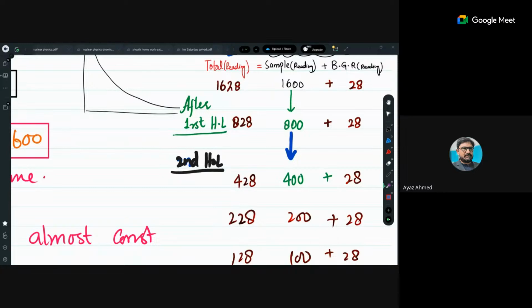Khadija, yes. खदीजा, मुझे ये बताओ कि is it possible कि आपकी जो background radiations हैं, they will also get half and half and half? मेरा क्वेश्चन ये है कि background radiations कभी half हो सकती हैं, उनके ऊपर half life हो सकती है?